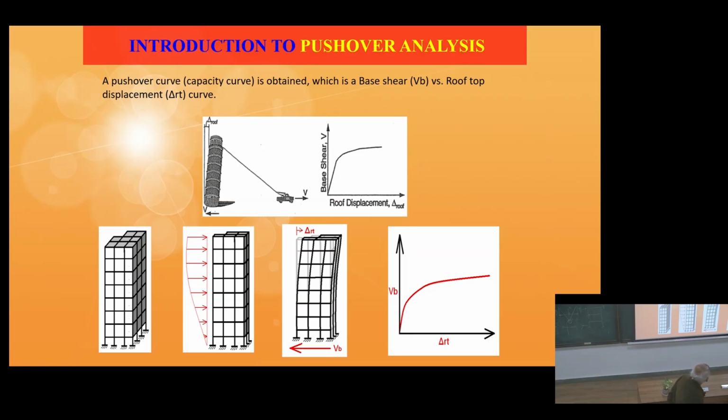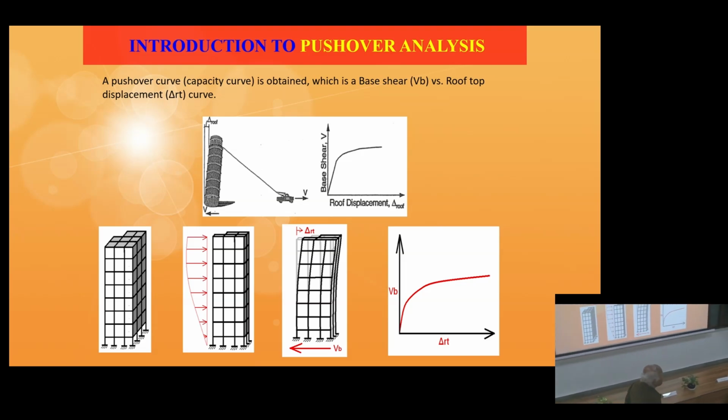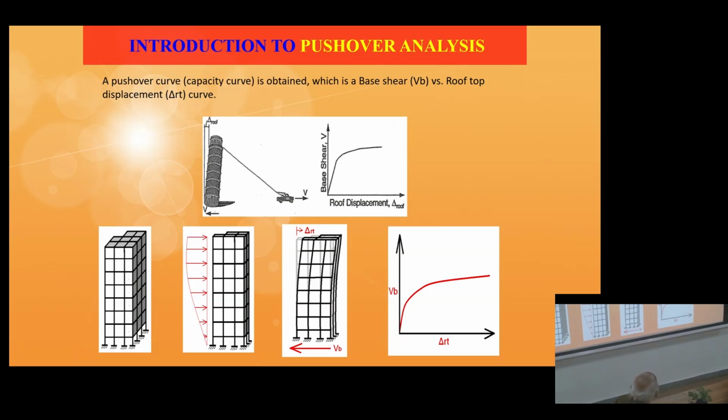So this plot could be of this type if it were perfectly linear. That means if the force and displacement relation is perfectly linear, then the curve would have gone straight. Right?